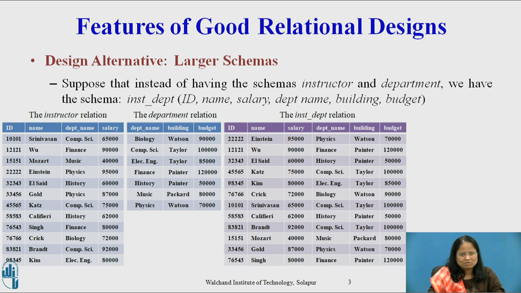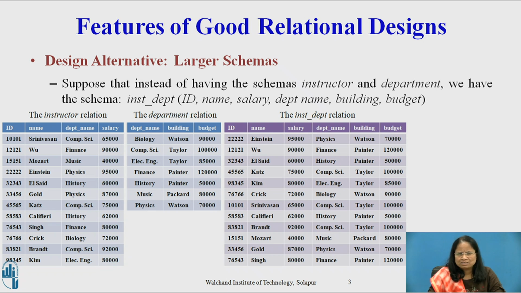Using instructor-department is a bad idea, since it stores the budget amount redundantly and runs the risk that some user might update the budget amount in one tuple but not all, and thus create inconsistency. In our original design, using instructor and department, we store the amount of each budget exactly once.